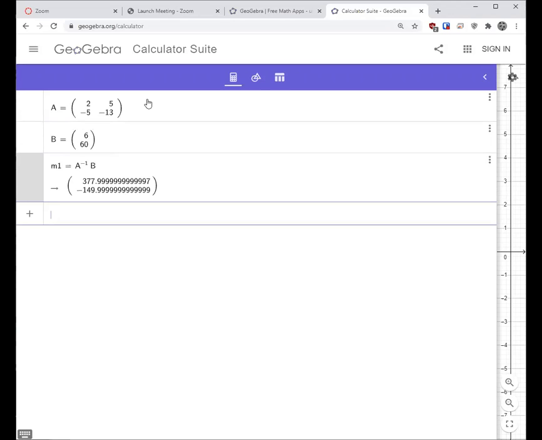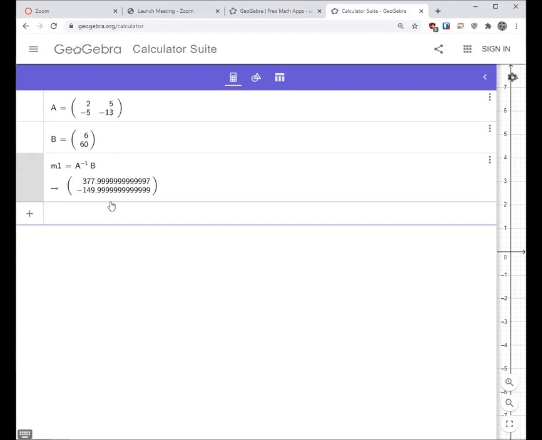Okay, now right here you're getting these decimals again, but this whole bunch of nines just indicates round off error. So this should be 378, and this should be negative 150.